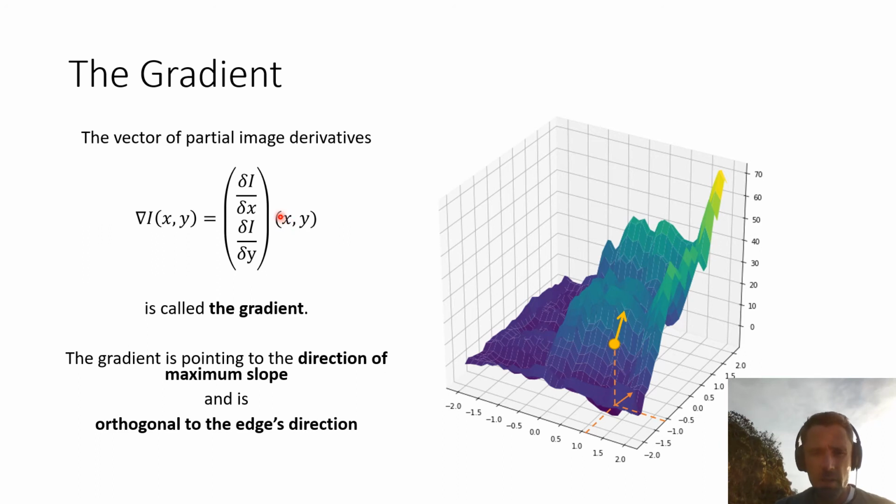Of course, this is a vector field, so we obtain potentially different contents at every image location.